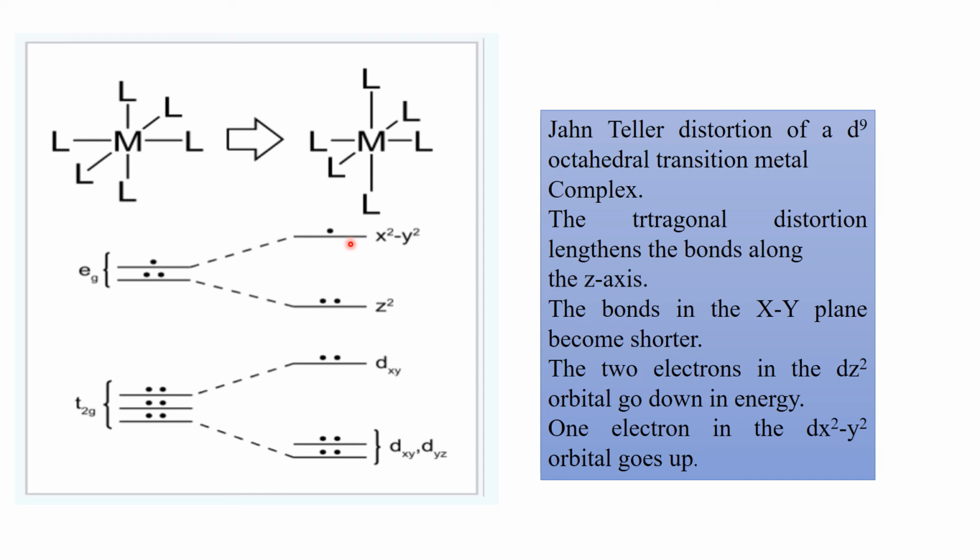Due to distortion, the bonds in the xy plane become shorter. The 2 electrons in the dz square orbital go down in energy. The 1 electron in the dx square minus y square orbital goes up.